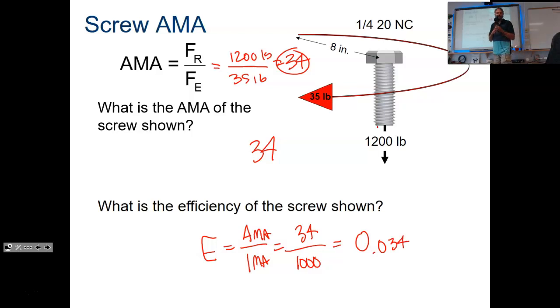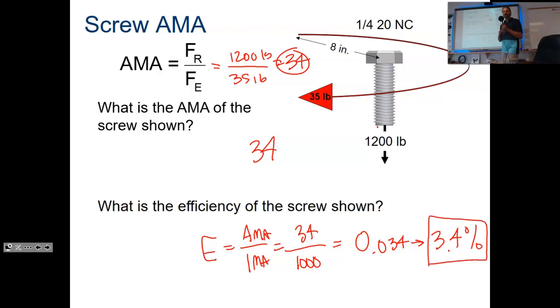And I'm going to use my calculator just to satisfy myself. Yes, of course it is. And percentage-wise, that's 3.4%. Really, really bad.